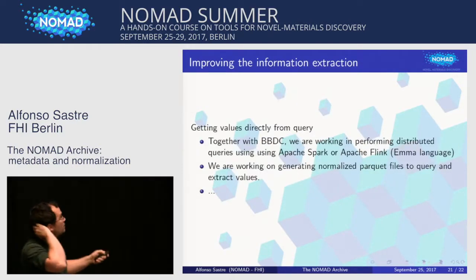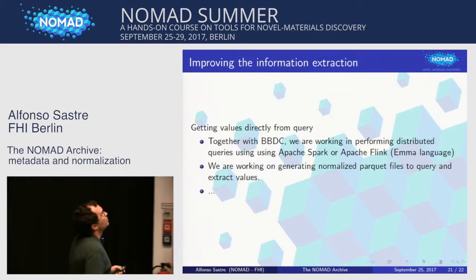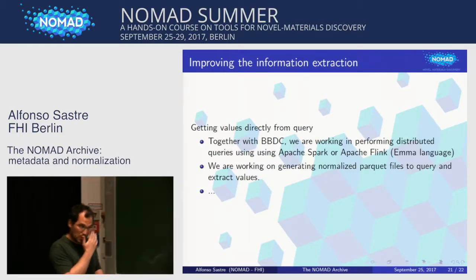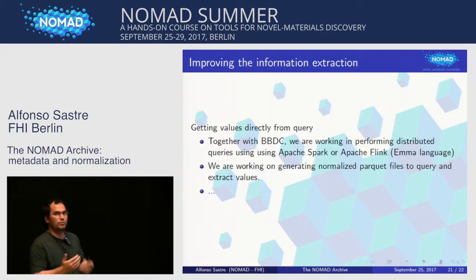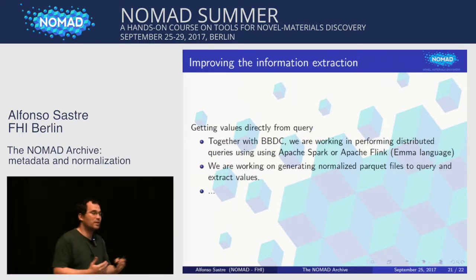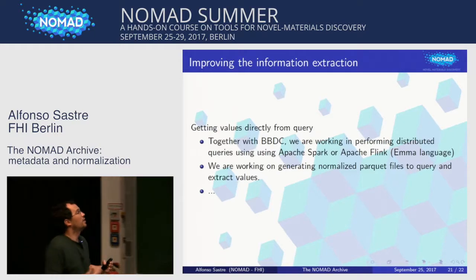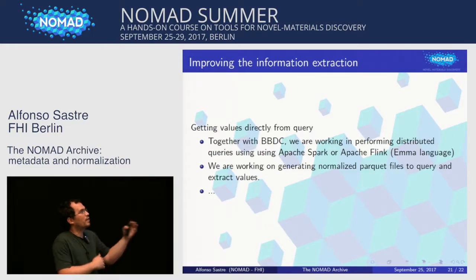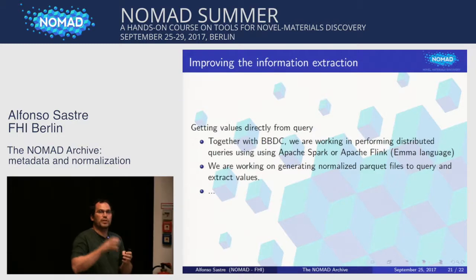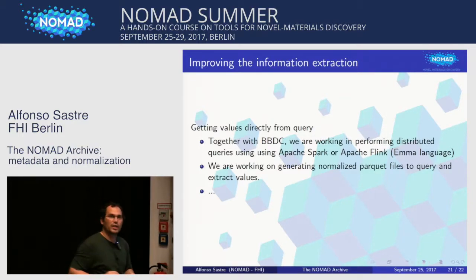OK, so that's fine, but that's not all. We want to improve this. So now you have to go to the resolve. You can explore, and you can get the JSONs. But this is still more complex for many people. So ideally, what you want is, OK, I have these conditions, and I want to get these properties. So that's going to be our next step.